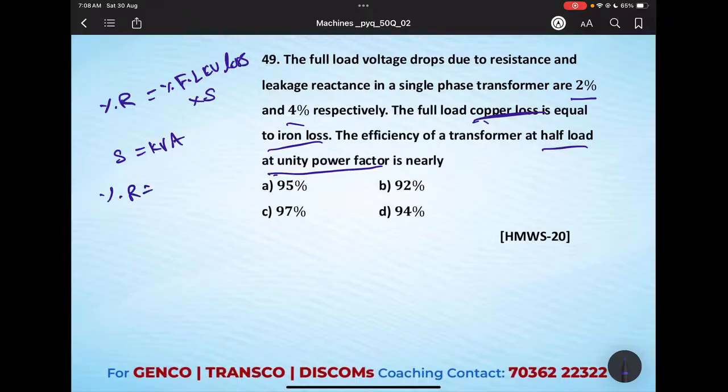Percentage R is equal to, what percentage resistance is given? 2%. Then you have to write it as 0.02 into kVA.